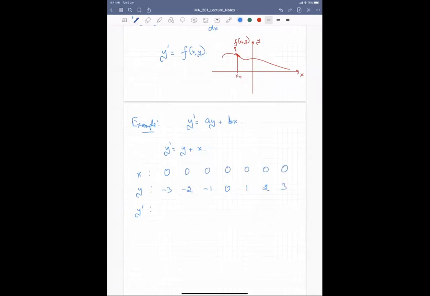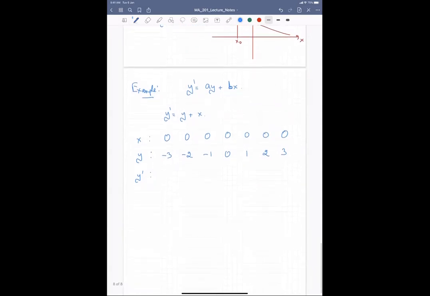At each point I need to figure out the slope, and I know how, because the solution to my differential equation should follow y prime equals y plus x. So y prime should be -3, -2, -1, 0, 1, 2, and 3. So I know numerically how the slope looks at all these points in the xy plane.